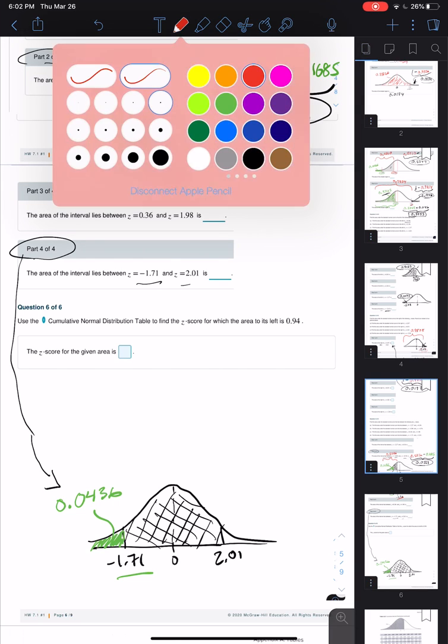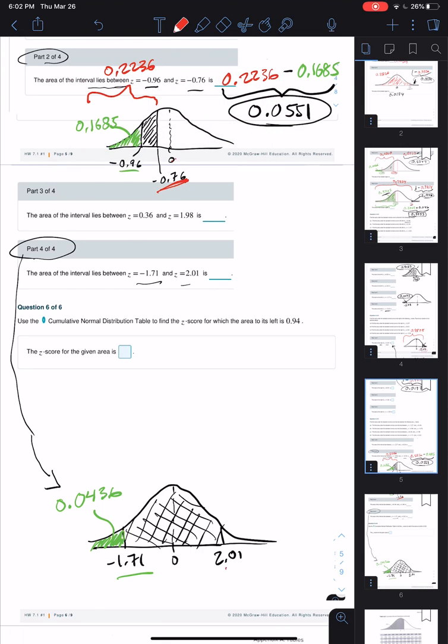And then we go ahead and figure out the area by looking on the z table of positive 2.01. That's going to give us all of this area all the way down. And so that's too much, but anyhow, the result of that is going to be 0.9778. Of course, that's going to be close to 1, right?